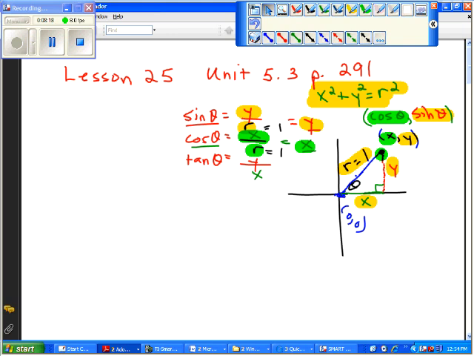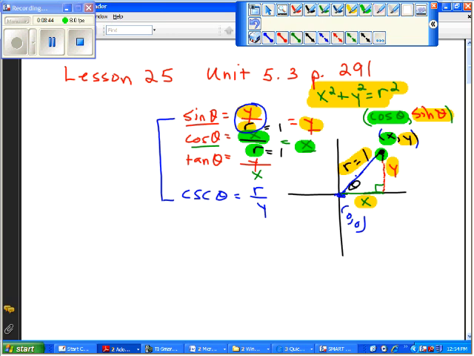Now, we know that they have reciprocal functions. What is the reciprocal of sine? Cosecant. So if sine is y over r, then cosecant would be r over y, the reciprocal of sine.